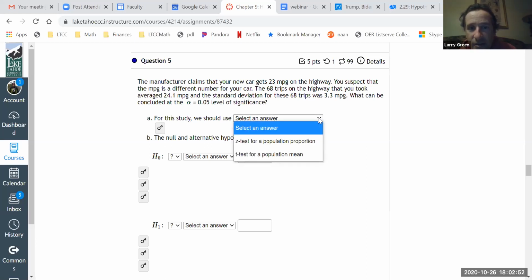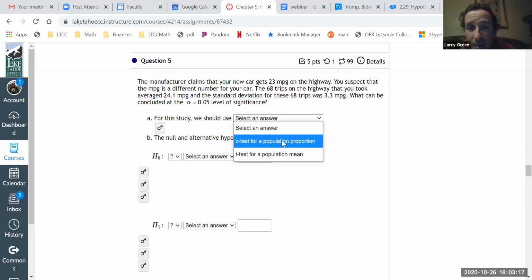Okay. So we're going to use a z-test for a population proportion or a t-test for a population mean. Which one is this? We talking means or proportions? Yeah, this one's means because the survey question is, what was your miles per gallon? And the answer was maybe 25 miles per gallon.